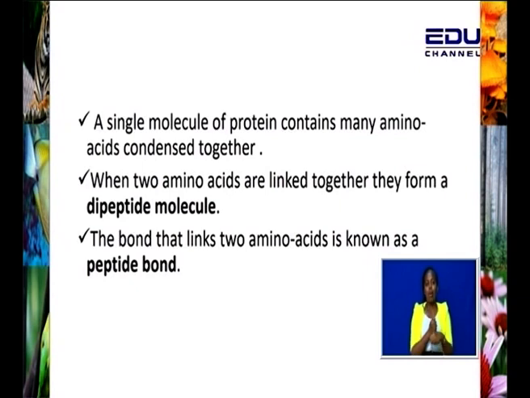Di means two. A dipeptide is a protein molecule made up when two amino acids are linked together.